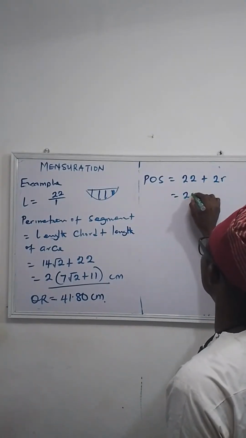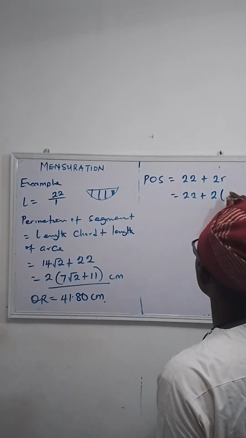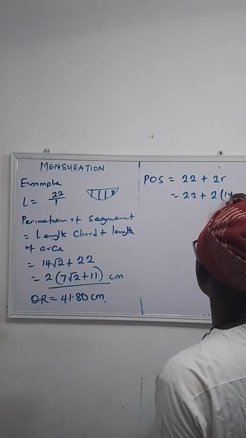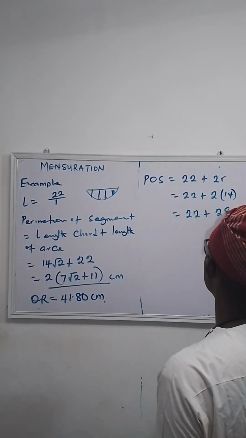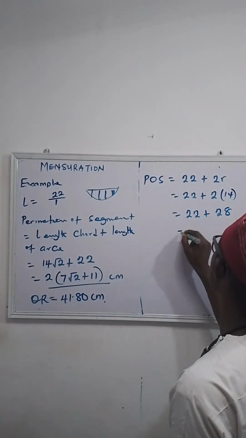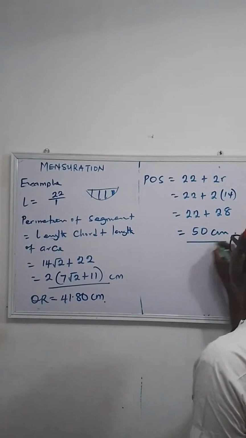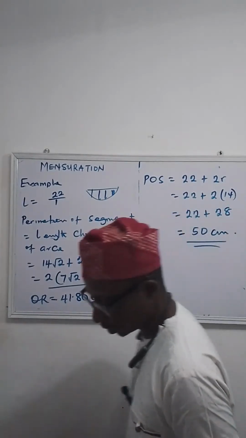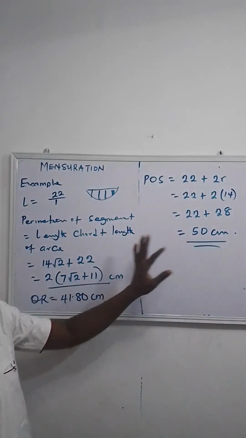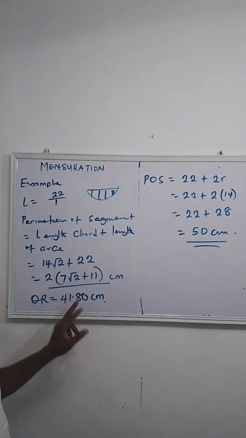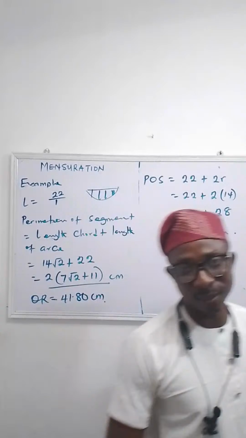That is 22 plus 2 times the radius 14, so 22 plus 28. That gives you 50 centimeter. So this is the perimeter of the sector. Perimeter of sector is 50 and perimeter of segment is 41.80. So that is the answer to the problem.